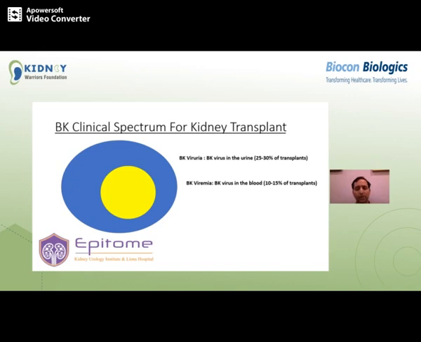So in comparison to 25 to 30% who have it in the urine, 10 to 15% will have it in the blood. And a smaller fragment of this will have BK virus that will then damage the kidney, or BK nephropathy. And this is going to be somewhere in the 1 to 10% of transplants. So this is the spectrum of BK virus in the kidney.